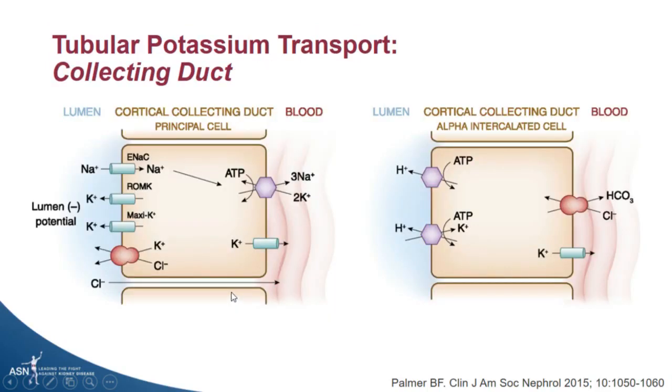In the collecting duct, the principal cell, again, an aldosterone-sensitive cell with the electrogenic sodium channel and with potassium channels, and again, potassium being driven by the generation of an electronegative gradient.